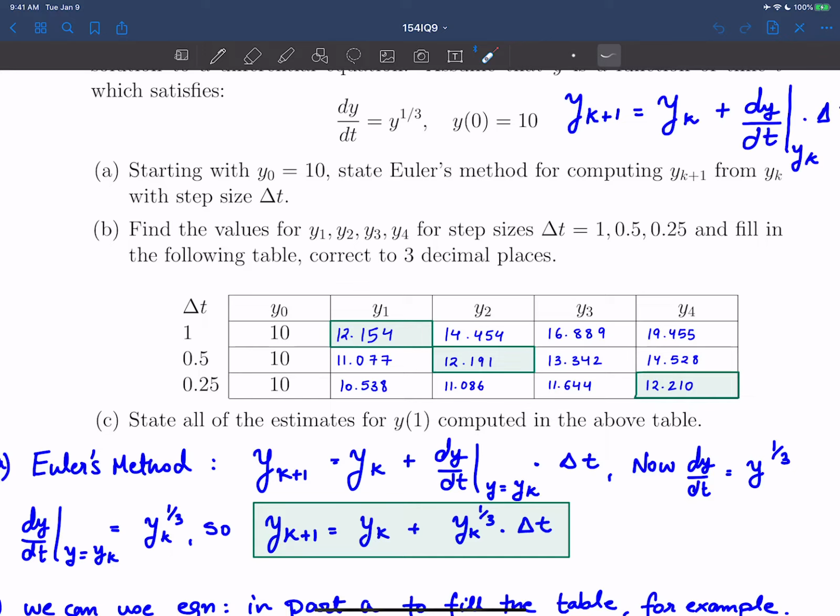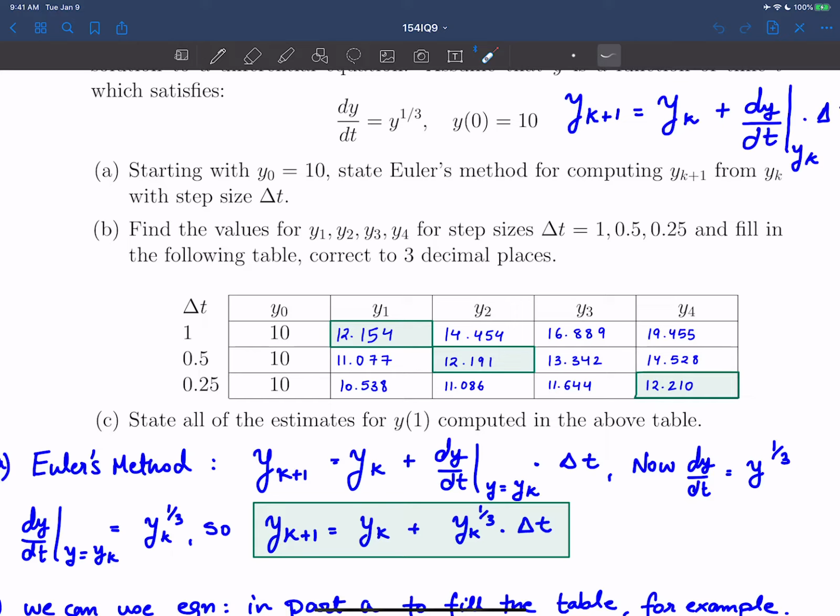Because dy/dt is nothing but the cube root of y, dy/dt at that y of k is nothing but the cube root of y of k. Whatever y you're looking at, you plug it into the dy/dt, and that's what you're going to get. So if you plug this in, your final expression is going to be y of k plus the cube root of y of k, which represents the derivative, times delta t.